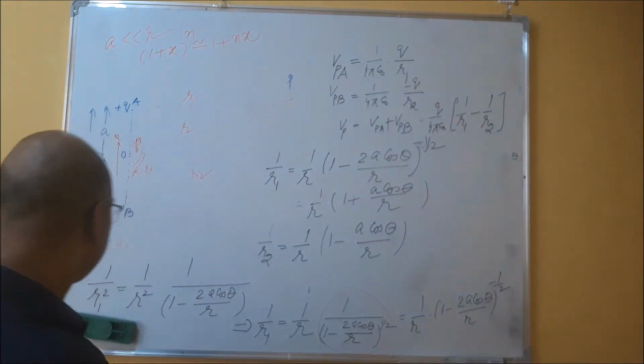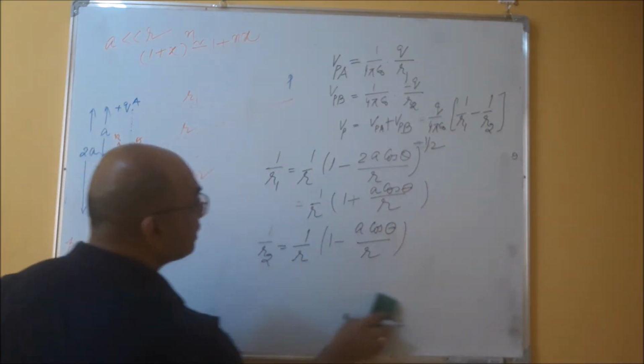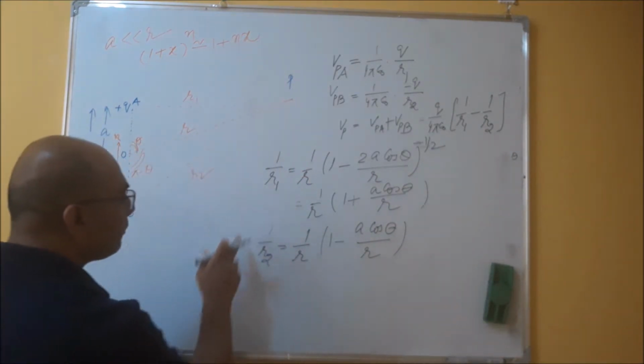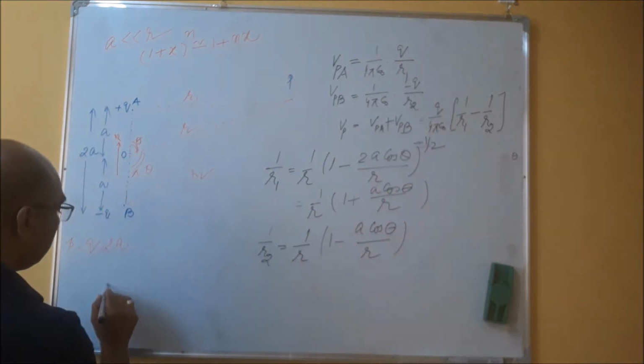So simply, in the next step you put the value of 1 upon r1 and 1 upon r2 in this. So what will you get?